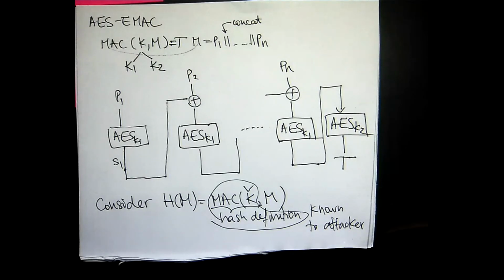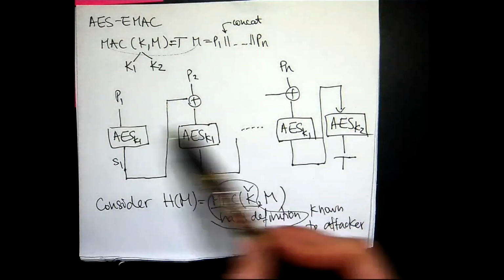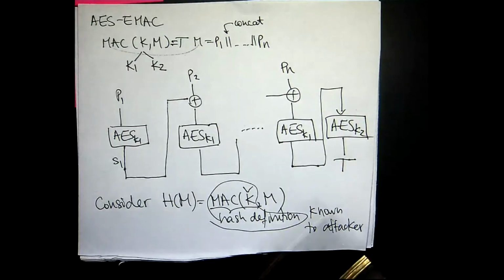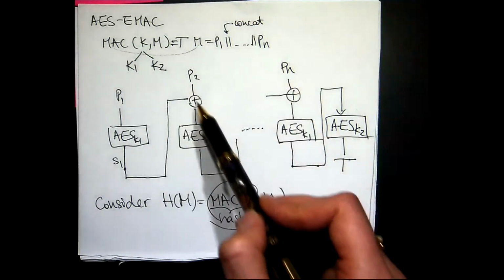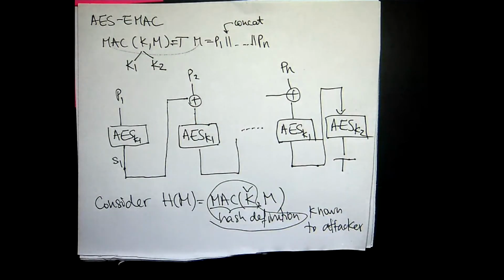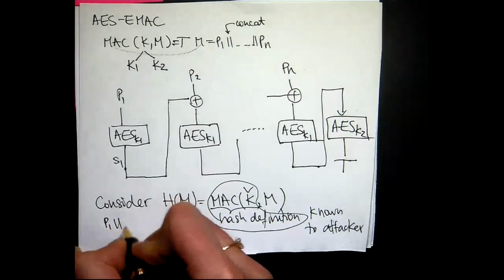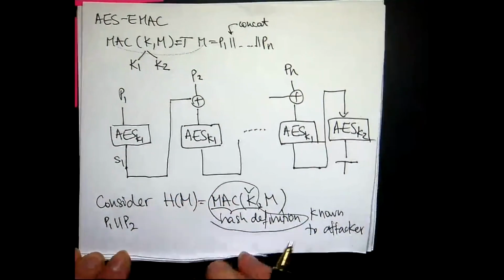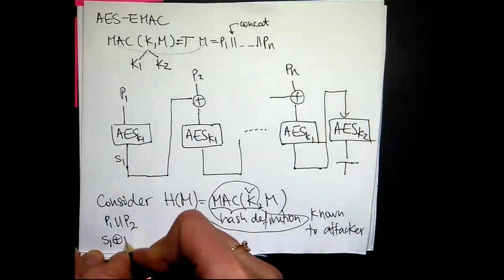And how? Well, if they have the key K, then it's super simple to find a collision. They can say, okay, this is one of your messages and T is the final result, or they can say, this is another message, which is P2 XOR with S1, and then T is the final result. So basically, this is the collision: between P1 concatenated with P2, and S1 XOR P2.